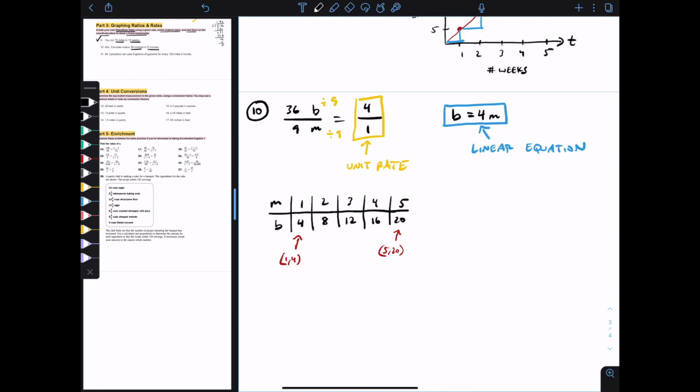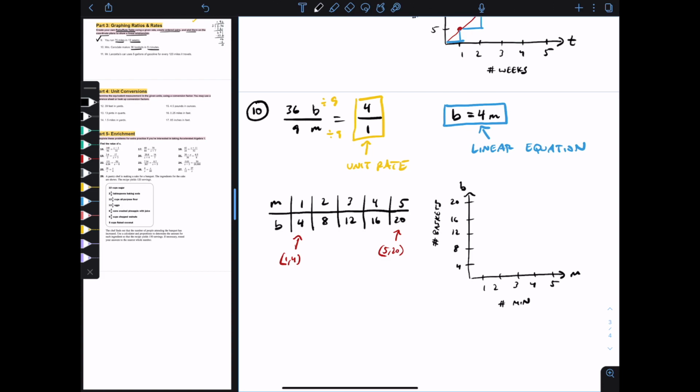And we can then go ahead and make a graph, right? Maybe something like this. Minutes, baskets, 1, 2, 3, 4, 5. Label those in. And then we can say 4, 8, 12, 16, 20. This is number of minutes. I'll put that along the x-axis. And this is the number of baskets. I'll put that along the y-axis.